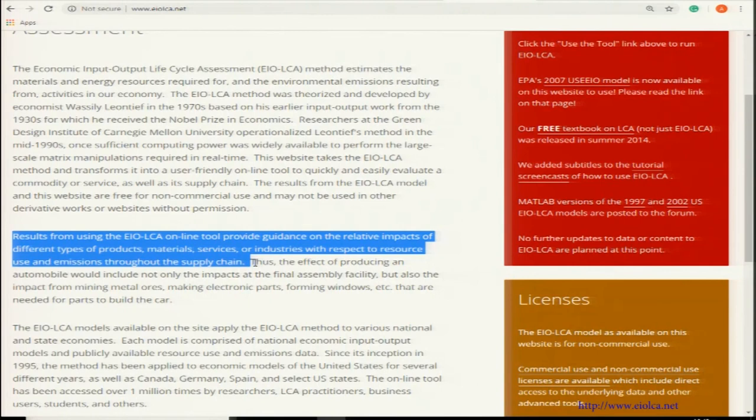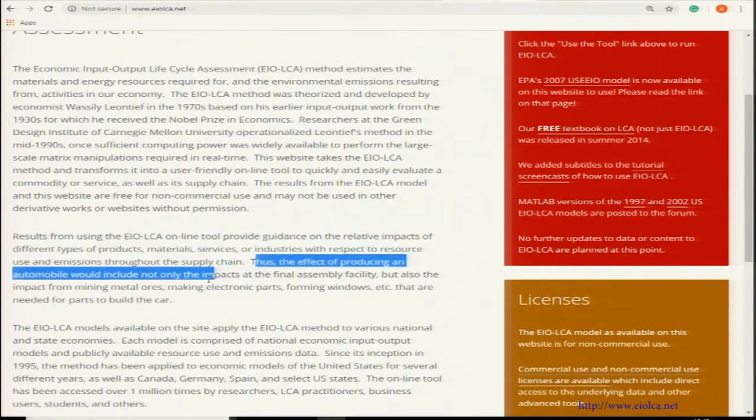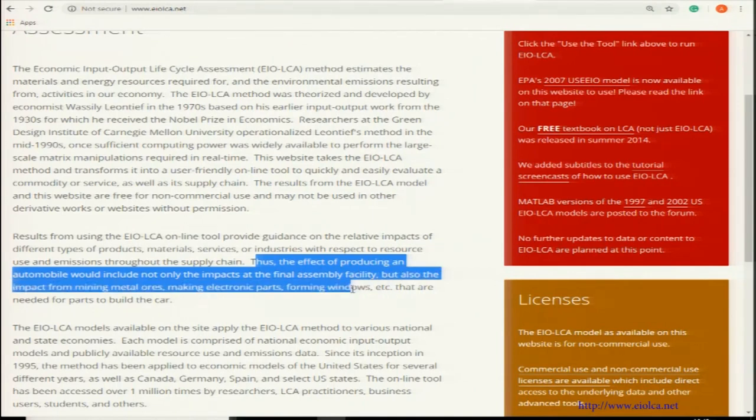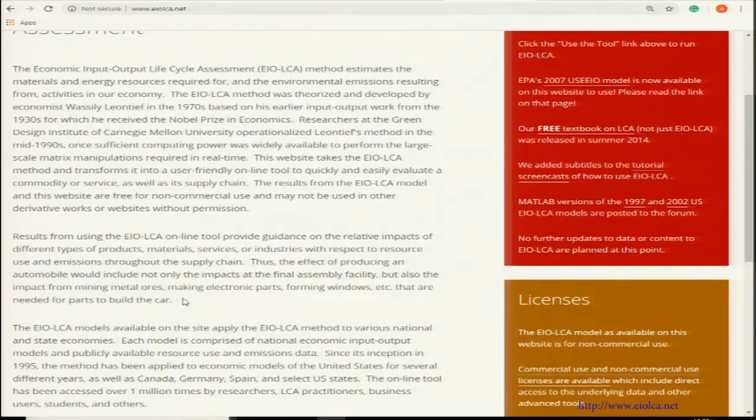Thus the effect of producing an automobile would not only include the impacts at the final assembly facility, but also the impact from mining ores, making electronics parts, forming windows, etc. that are needed for the parts to build the car. So you can see we are taking automobile manufacturing for the final assembly. It is taking into consideration the extraction of ore, making of the components, making of the sub-assemblies. So it is taking all those components.